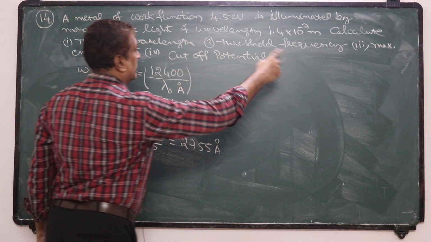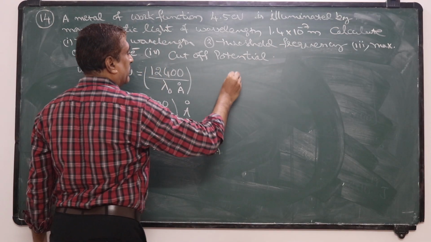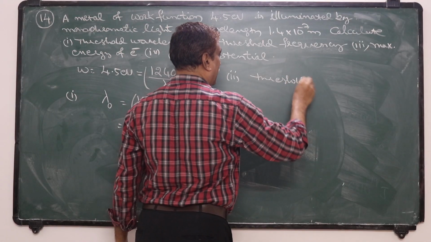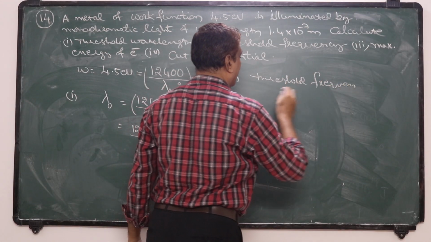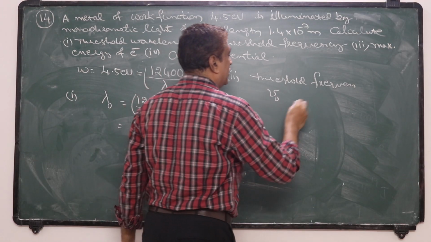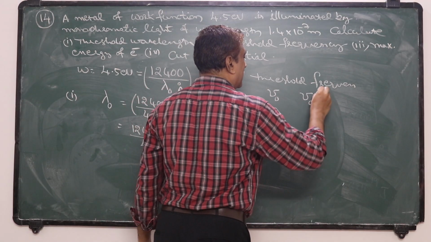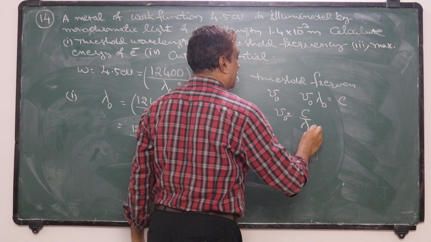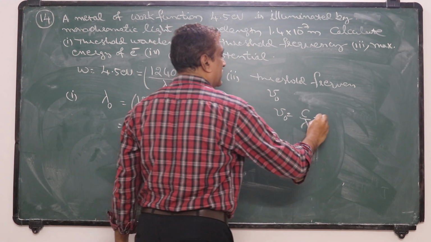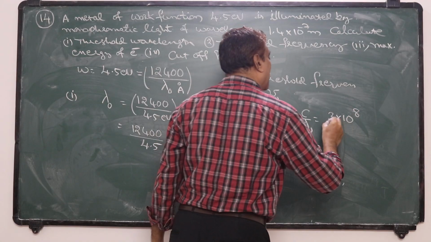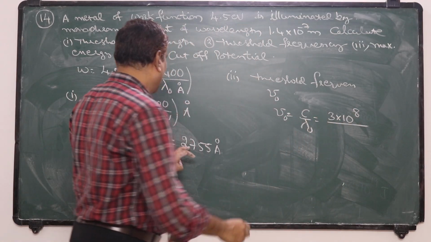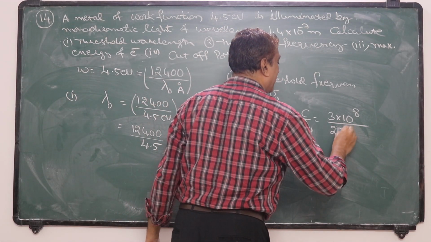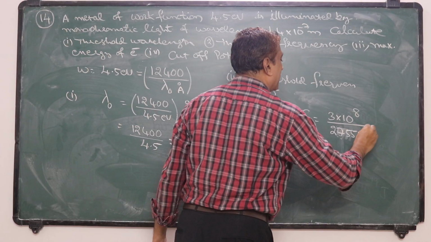Now the second one is threshold frequency, nu naught. We have the relation nu naught lambda naught is equal to C. So nu naught equals C by lambda naught, that is 3 × 10^8 by lambda naught. We have 2755, but here we have to express it in meters: 2755 × 10^-10 meter.